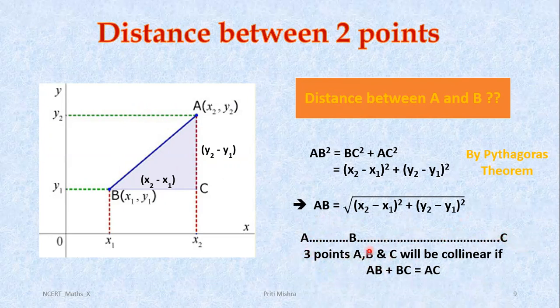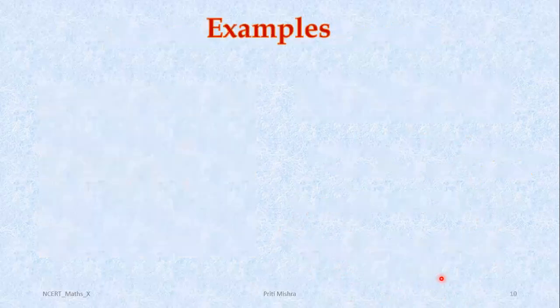So for finding out the collinearity of these 3 points, we need to check just the length or distance between A and B, and B and C. The sum of these two distances should be equal to the distance between A and C. So AB plus BC should be equal to AC for the collinearity of these 3 points. So this is the condition for collinearity of 3 points.